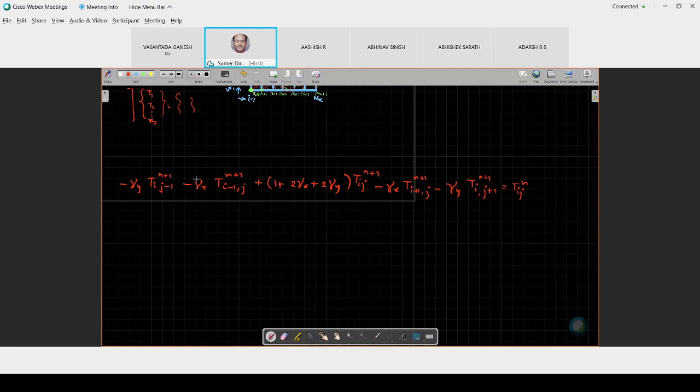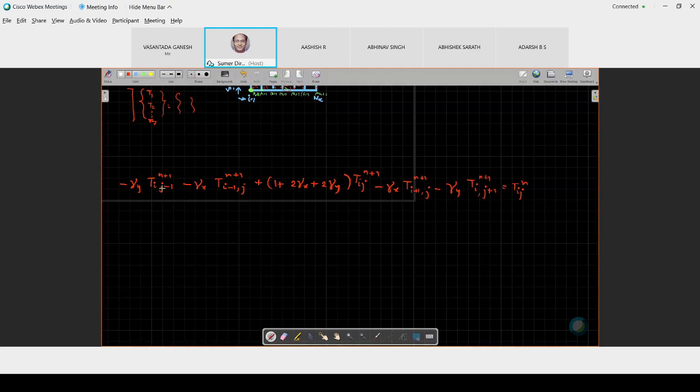So in terms of single indexing notation, this ij becomes L. Accordingly we'll get either L minus 1, L minus nx, L plus 1, or L plus nx.